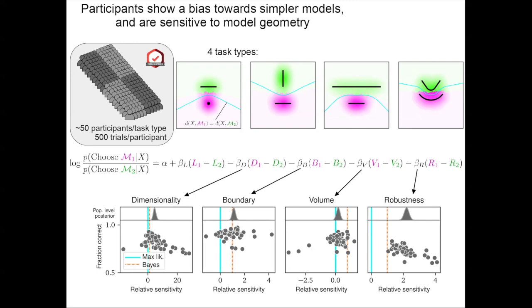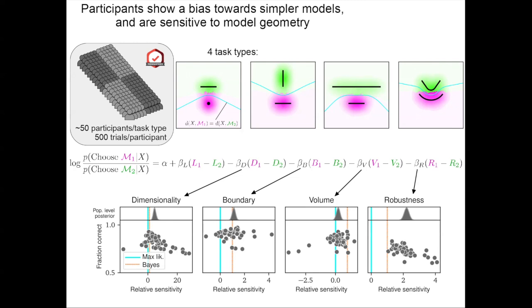Immediately you can see that there is a fair amount of spread in individual behavior, which is not surprising. But participants are generally sensitive to all of the features, even though quantitatively their sensitivity doesn't really coincide with what you expect normatively.